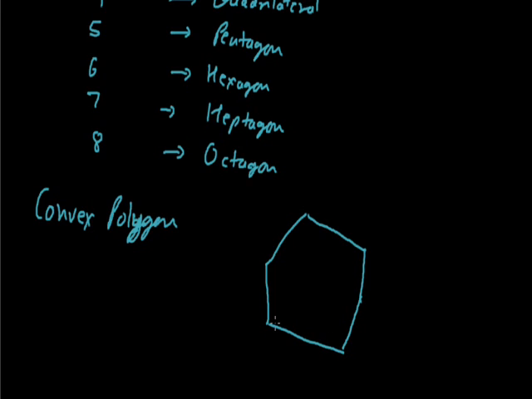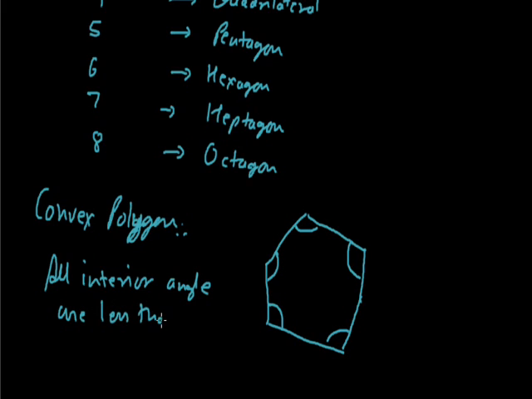In case of convex polygon, all the interior angles are less than 180 degrees.